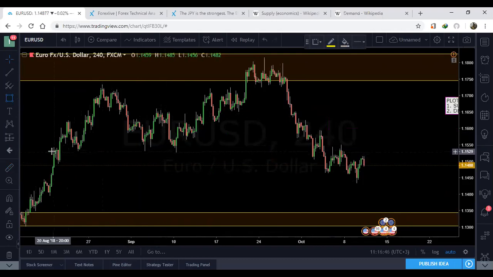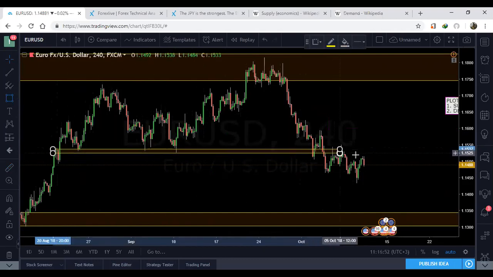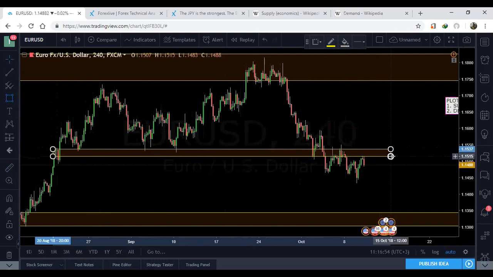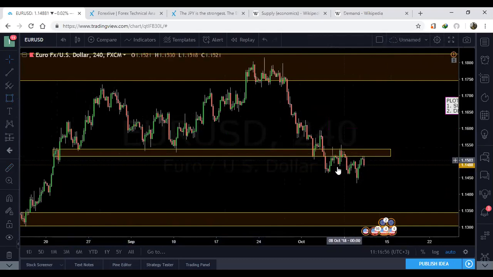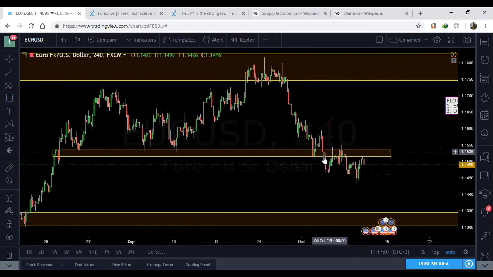So just as we said, look at the consolidation areas, single print rejections, go all the way and you get our minor zone. So this is currently our minor zone. Some people were buying, but mostly they came and took profits here. So we don't want to pee against the wind. Remember that.